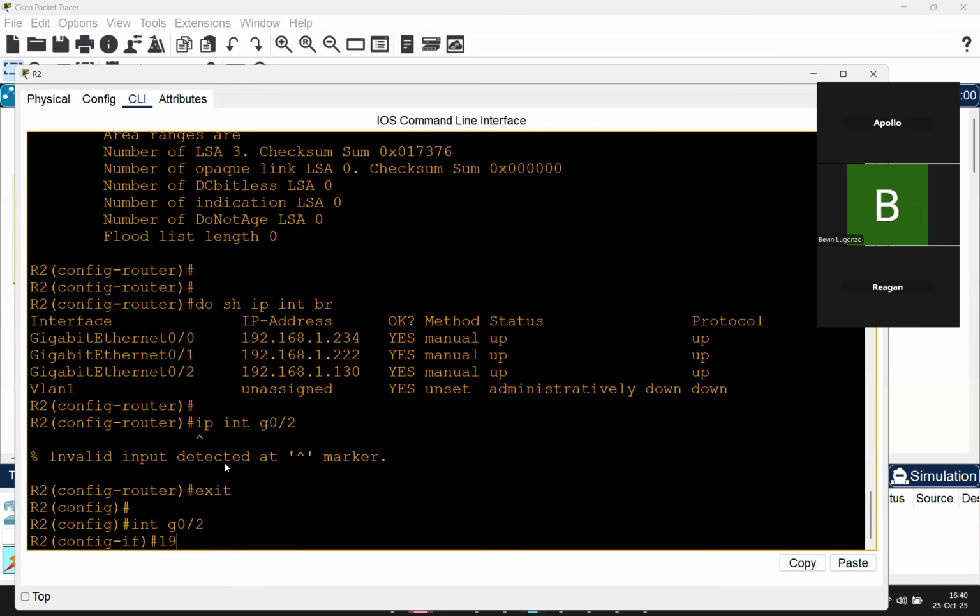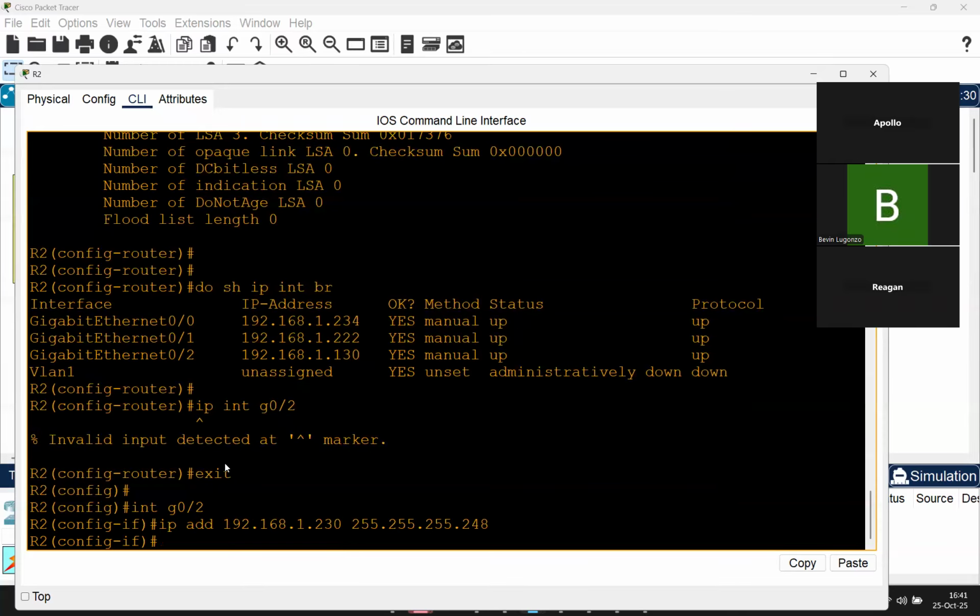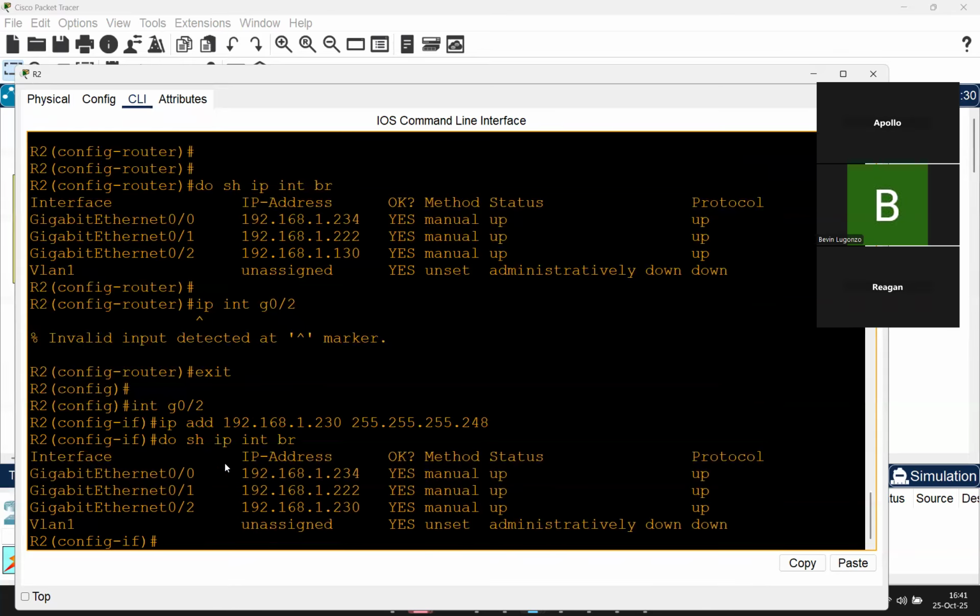And then it should be IP address 192.168.1.230, not 130. And then the subnet mask, which is 255.255.255.248. Do show ip interface brief.